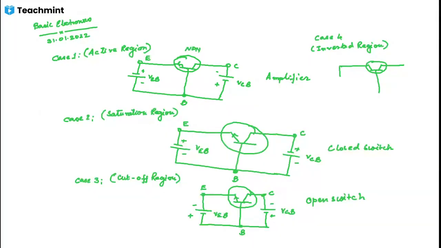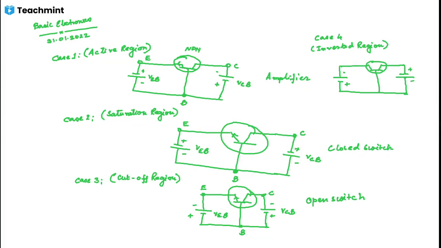So in this case, the emitter base is in reverse bias condition. So I will connect the battery in reverse bias, and the collector base is in forward bias condition. So this is forward biased. This is minus, this is plus, this is plus, this is minus.